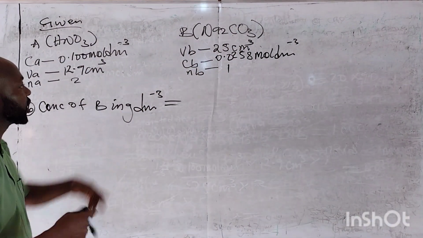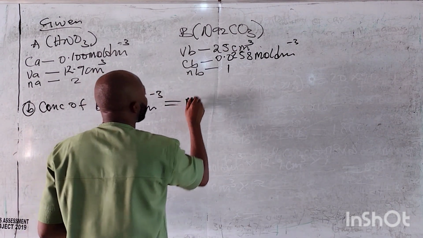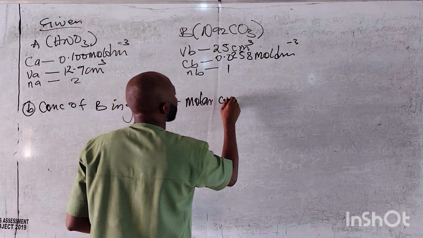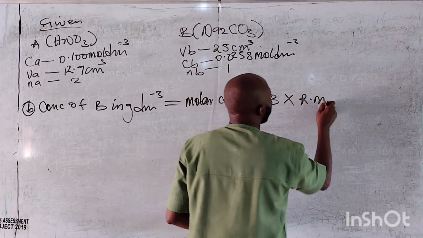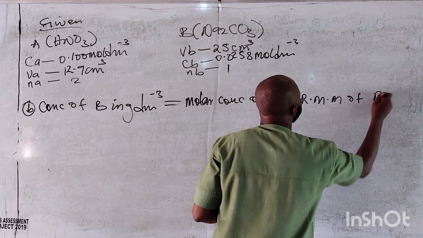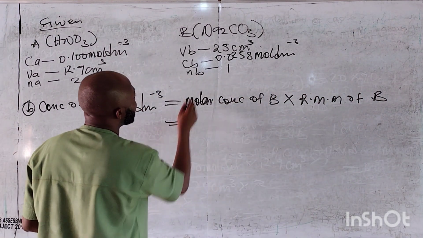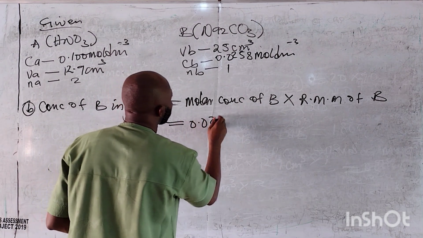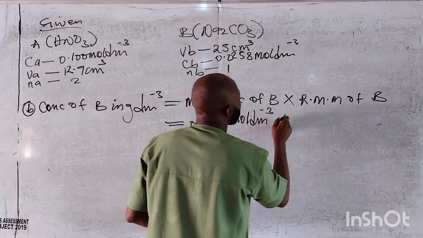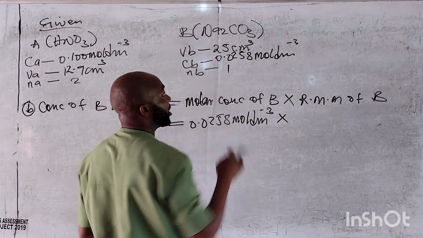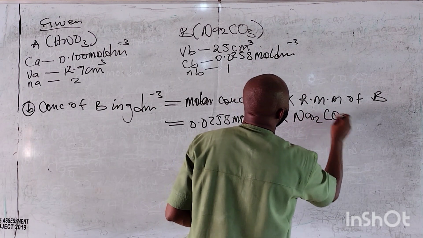You must get acquainted with the formulas. So this is equal to molar concentration of B times relative molecular mass of B. Remember, they are all anhydrous. So the molar concentration of B is 0.0258 mole per dm cube, times the relative molecular mass of this compound, which is 106. But let's see how. Na2CO3.